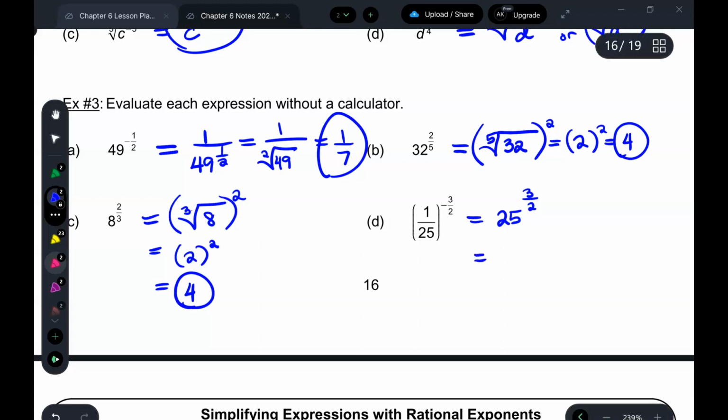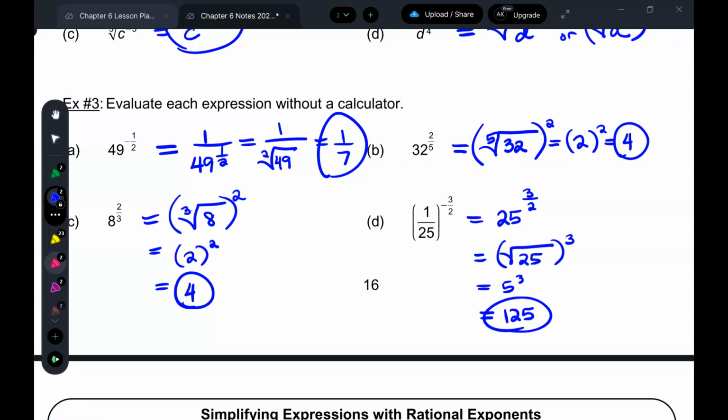Now let's rewrite that as the square root of 25, and then we want to cube that. The bottom number is the root. So what's the square root of 25? 5, to the third. Cubed, yeah. A lot easier than what we did last lesson.